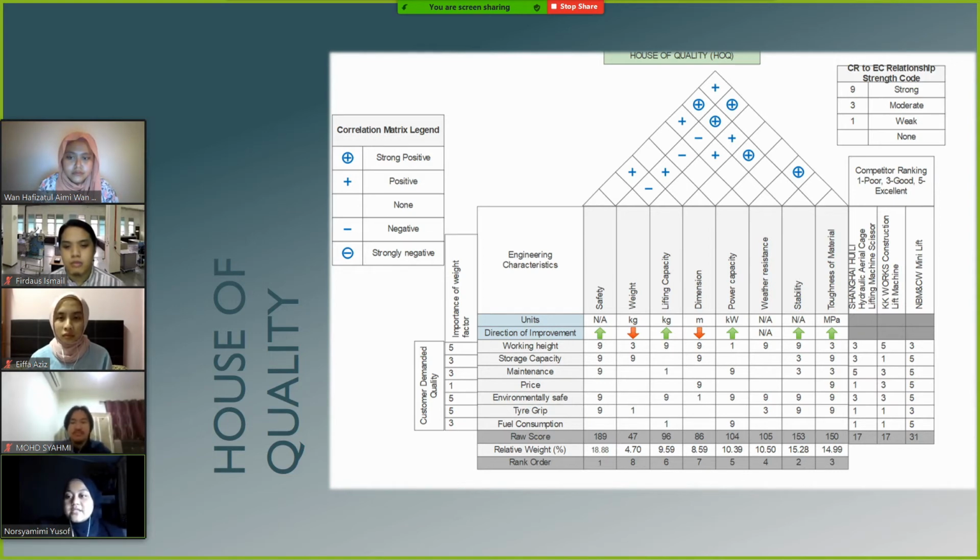As we can see at the right side of the HOQ, there are 3 existing products in the market as our standard or point of reference against which things may be compared. The highest score is NBM and CW Mini Lift. So we choose the NBM and CW Mini Lift as our reference to fabricate a machine based on that product. So that's all.